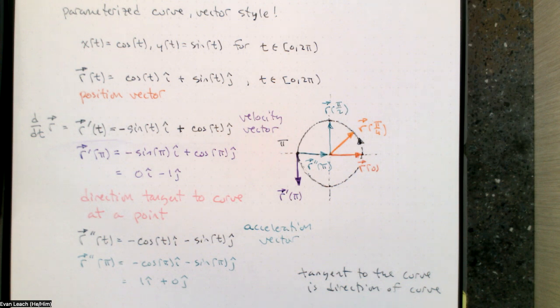Looking further ahead, we're describing these curves with parameterizing curves, and we're describing these positions as vectors. This is calculus class. We've also spent a good deal of time talking about integrals.